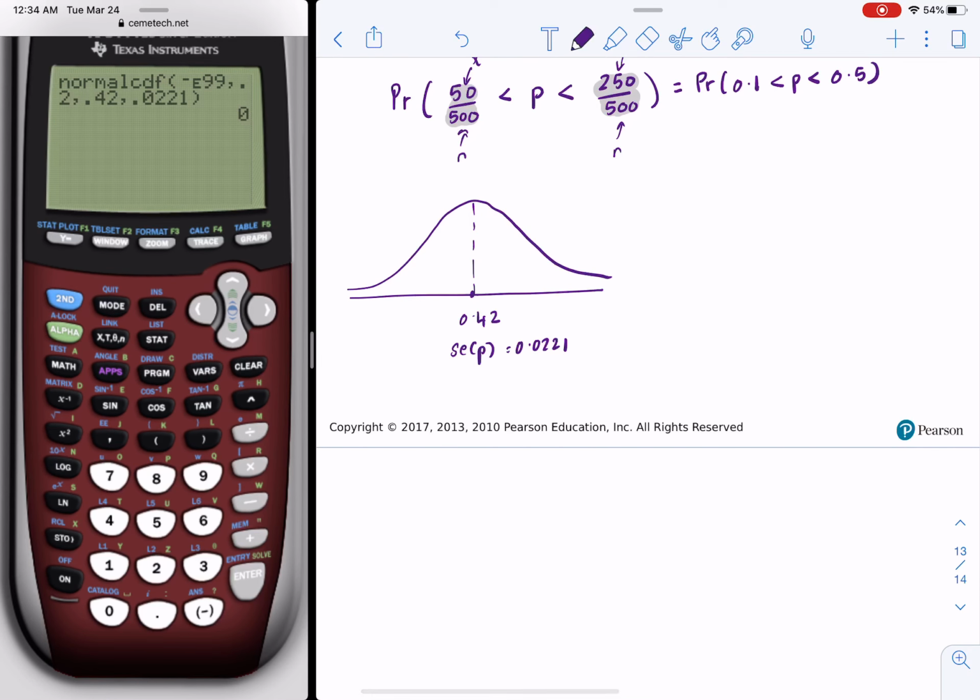And 0.1 is somewhere over here, and 0.5 perhaps is over there. This doesn't have to be exact. We are doing this just to determine the lower and upper endpoints. The lower endpoint here is 0.1. The upper endpoint is 0.5.